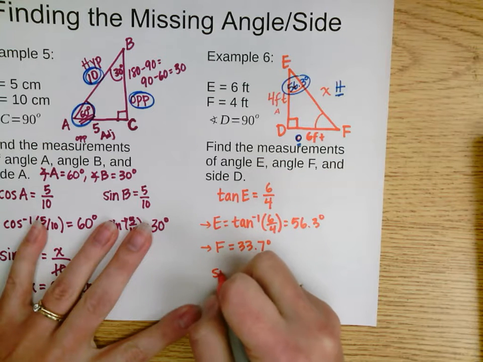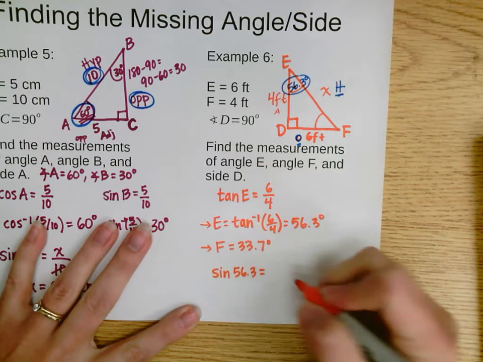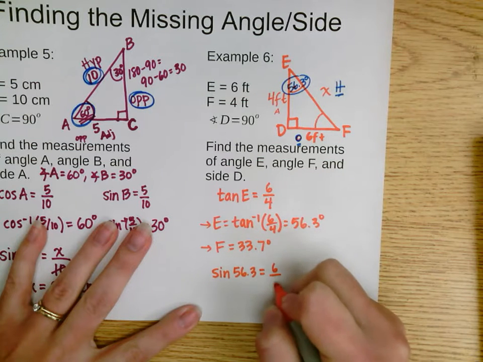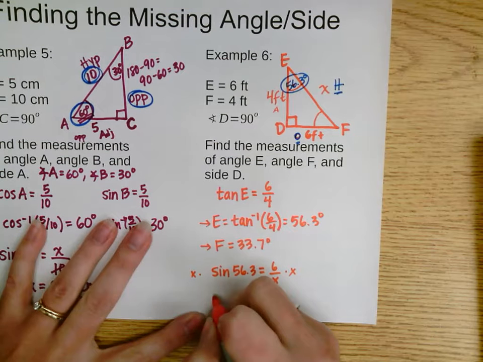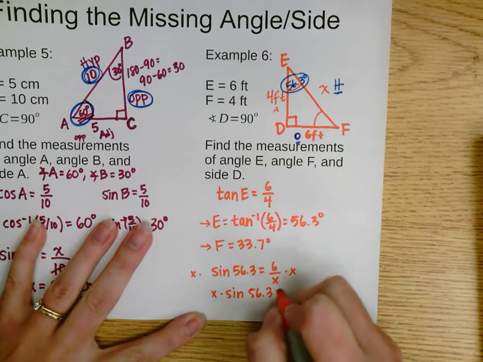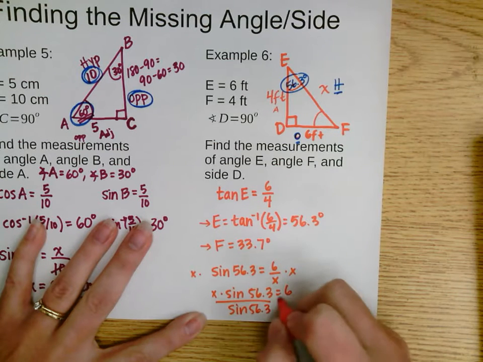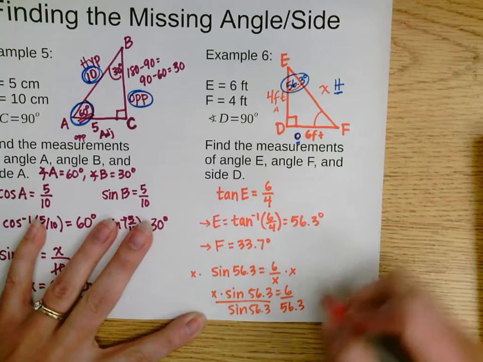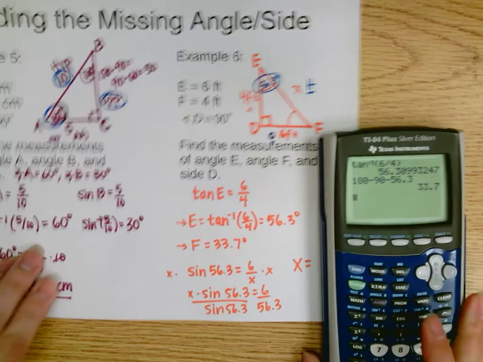Sine of my angle, so sine of 56.3 equals opposite over hypotenuse. I'm going to multiply by x. So x times sine of 56.3 equals 6, and I'm going to divide by sine 56.3. So x equals, oops, I forgot my sign over here.